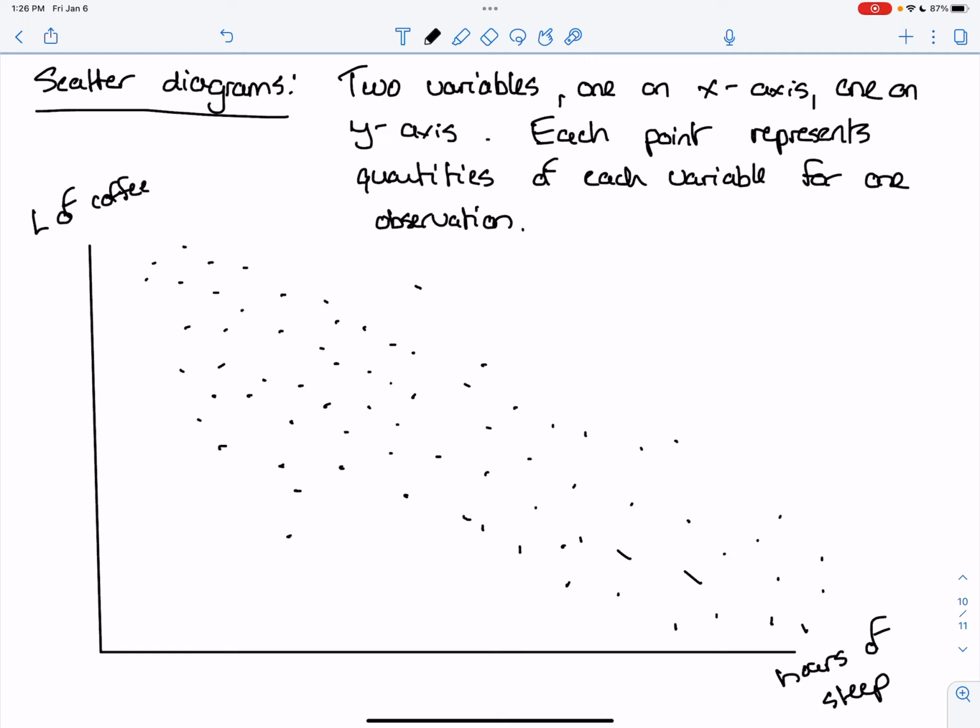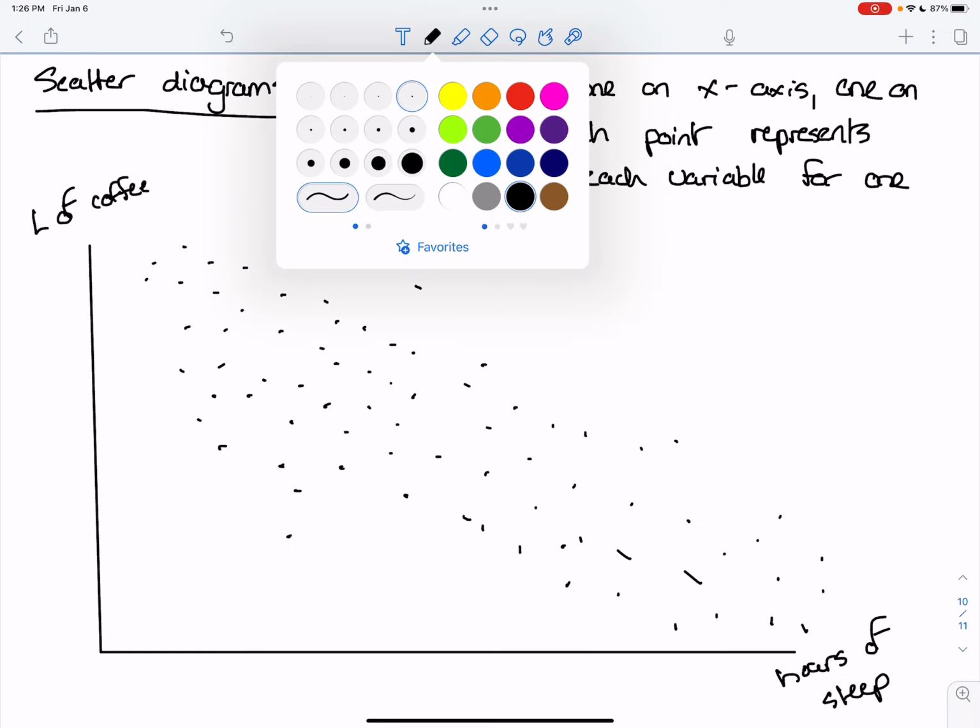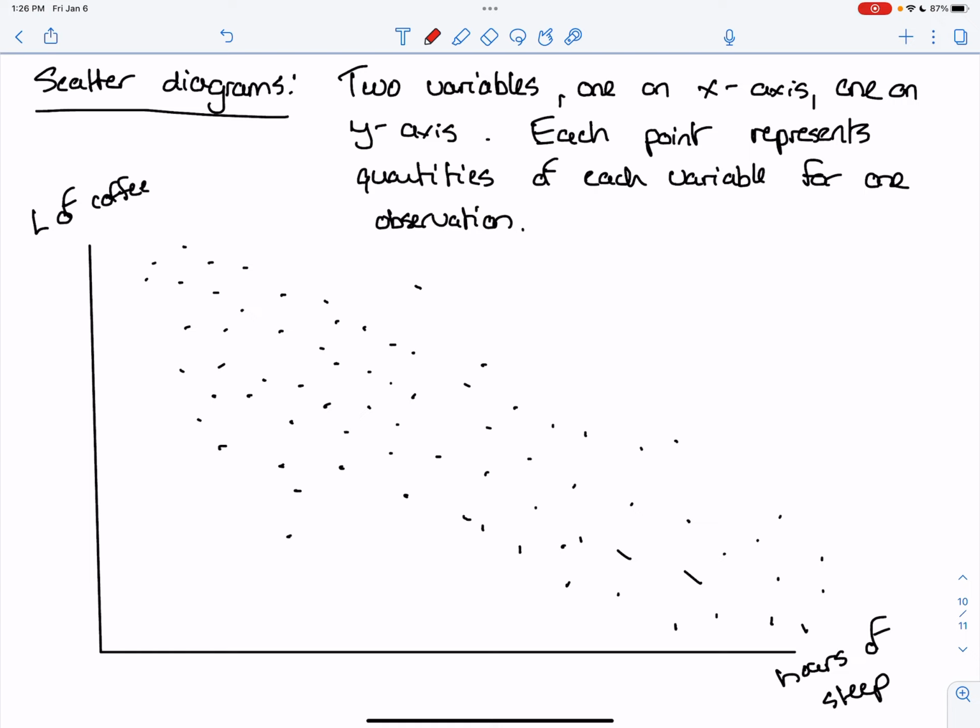So basically, what can you tell from this scatter plot? Well, a researcher went out and said, sir or ma'am, let's take this person, call this person individual 1, and asked, how many liters of coffee do you drink in a year?